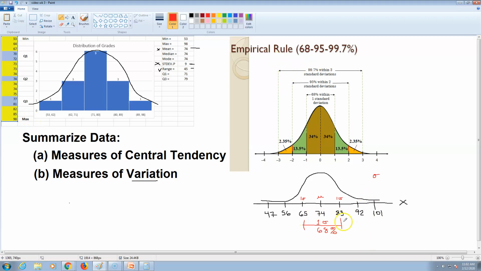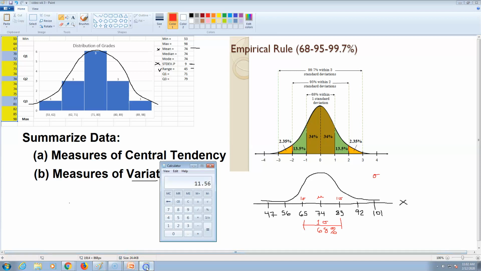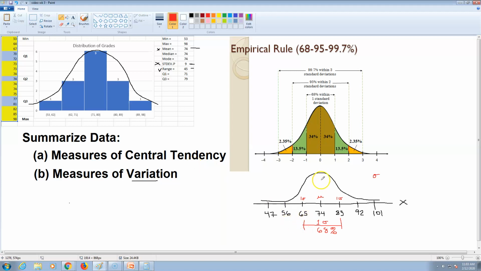And by the way, that's an estimate. That doesn't mean that's the exact value. So if I have 17 test scores, and I multiply 17 by 68%, 0.68, around 12 of these 17 numbers are between 65 and 83. And again, that's just an estimate, not the exact value. So that's how I can use the empirical rule.